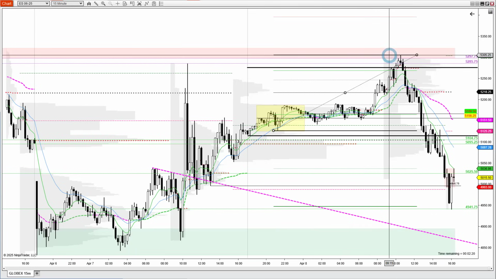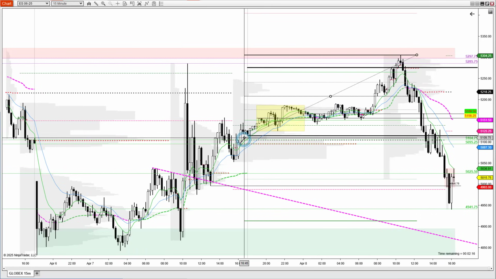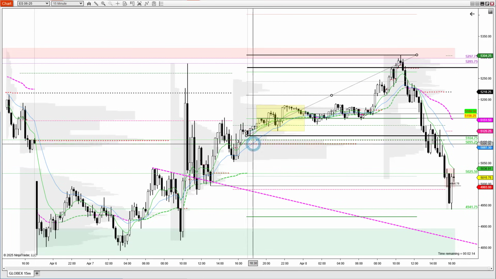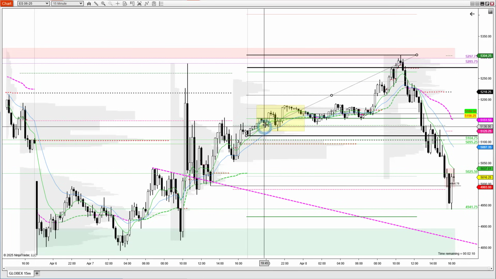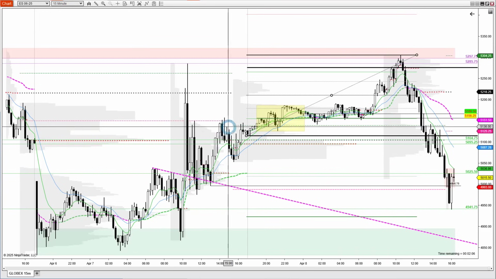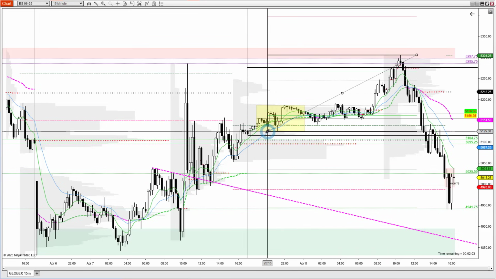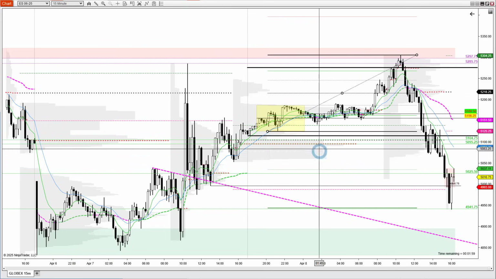This entire move up is intact. You could even extend it a little bit lower. That is the 6 p.m. open, but I don't know. I have a target here. I wouldn't do that. I would take the Asia low if you're looking for a reason why it would go that much.